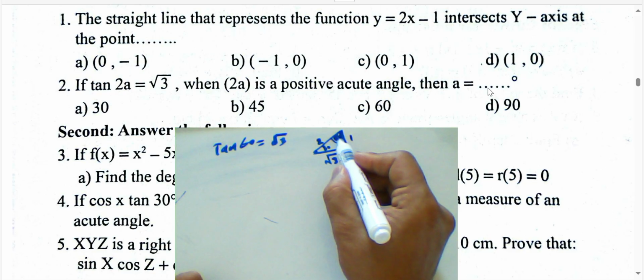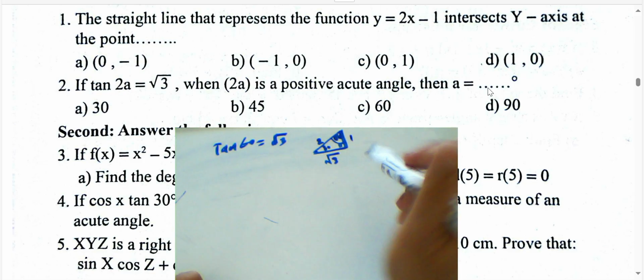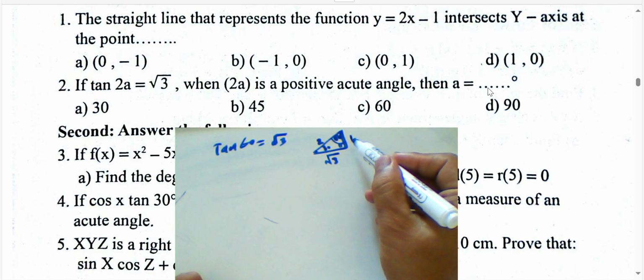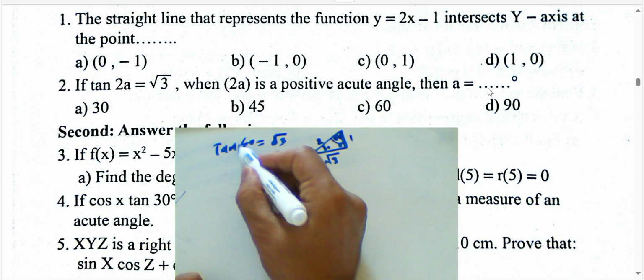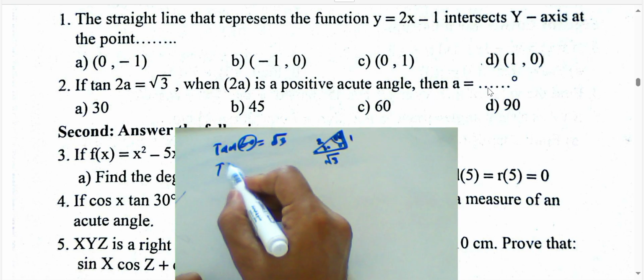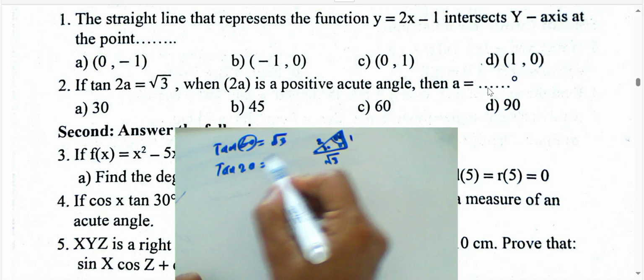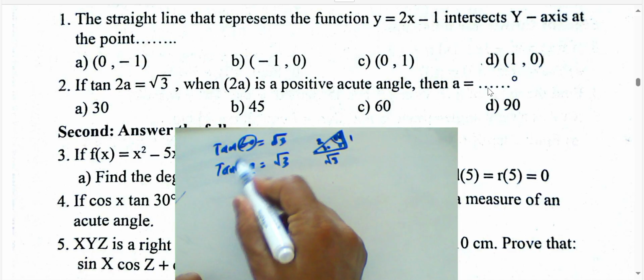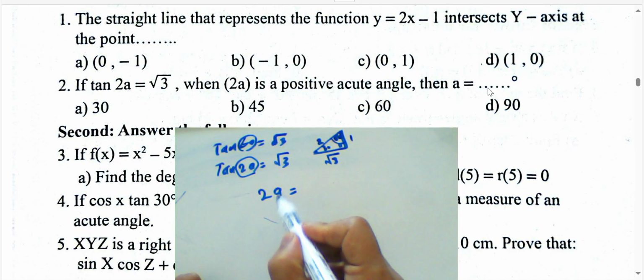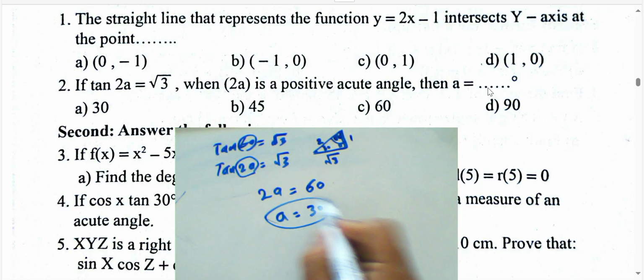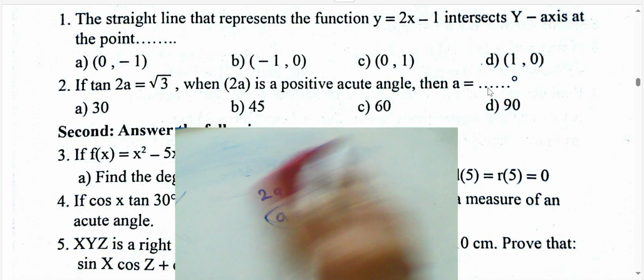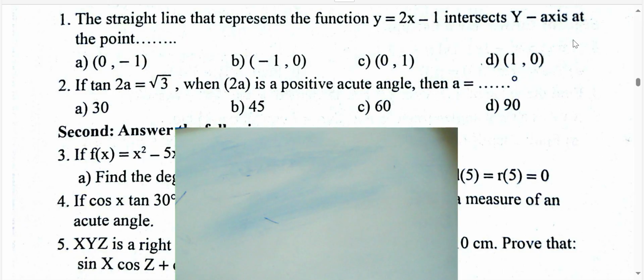For angle 60, tan 60 means opposite over adjacent, root 3 over 1, which is root 3. So tan 2a equals root 3, then 2a equals 60. Dividing by 2, a equals 30 degrees. Choose letter E. Next question.